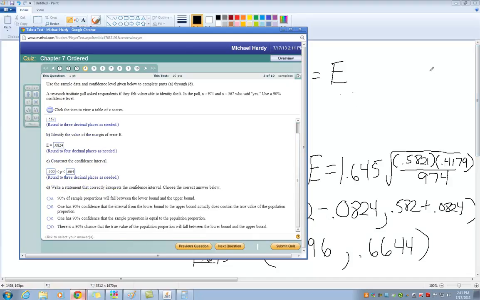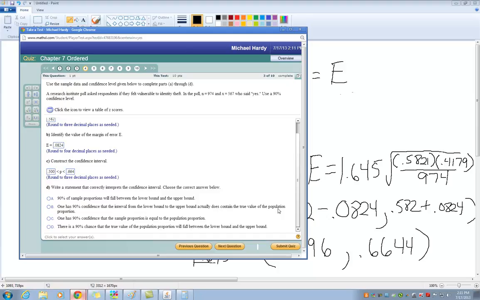Finally, let's interpret this confidence interval. This is key. So what happens with confidence intervals is, just like last week's class, we have this idea of what happens if we get to go over and over and over again in this process.